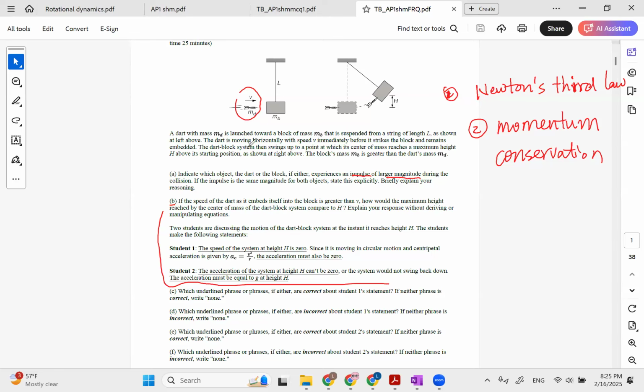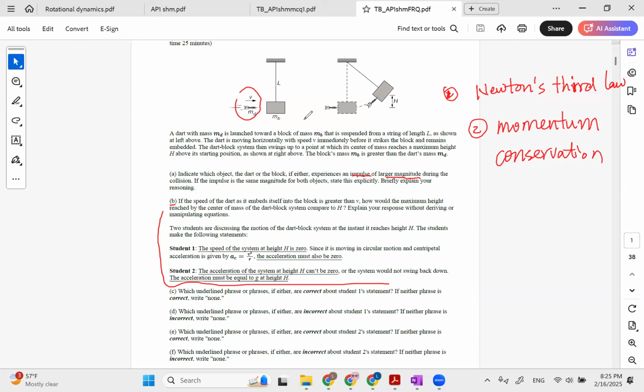Because the momentum of the dart will be higher if you increase v, right? So the momentum of the dart before collision must be equal to the momentum of the dart block system after collision. A higher dart speed will give a higher dart block speed after collision.